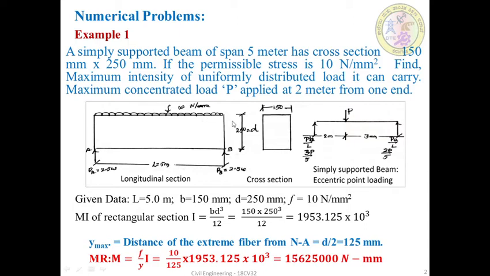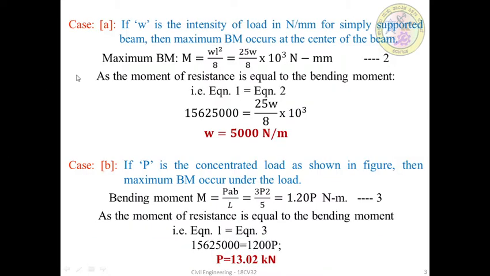That has already been studied in the chapter bending moment and shear force diagram: for a simply supported beam carrying UDL over its entire length, the maximum bending moment is given by W L square by 8. After substituting the values we get this one.